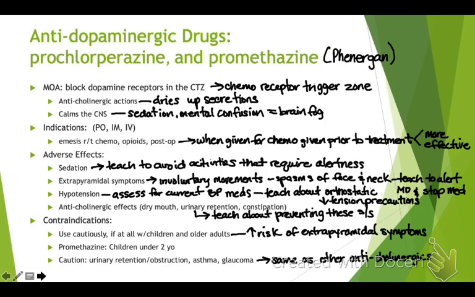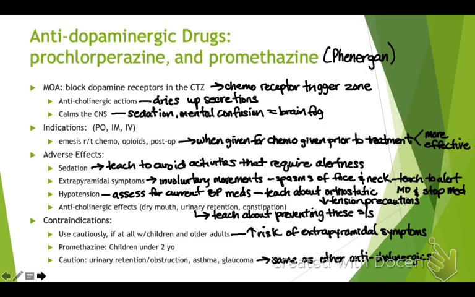Adverse effects, again, sedation. So teach your patients to avoid activities that require alertness. You might see your extrapyramidal symptoms, those involuntary movements like spasms of the face and the neck. You want to teach them to alert the MD and to stop the medication as soon as they see these types of symptoms. It may cause hypotension, so you want to make sure you're assessing your patient's current blood pressure meds.